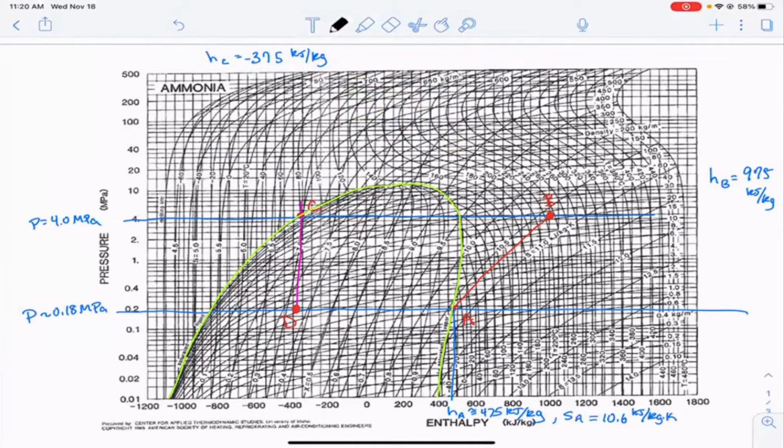All right, so now we've read the enthalpy off of each point in the process, and we have then our cycle, right? So we know where we are on this diagram. The last thing that we really want to do here is to determine the coefficient of performance.